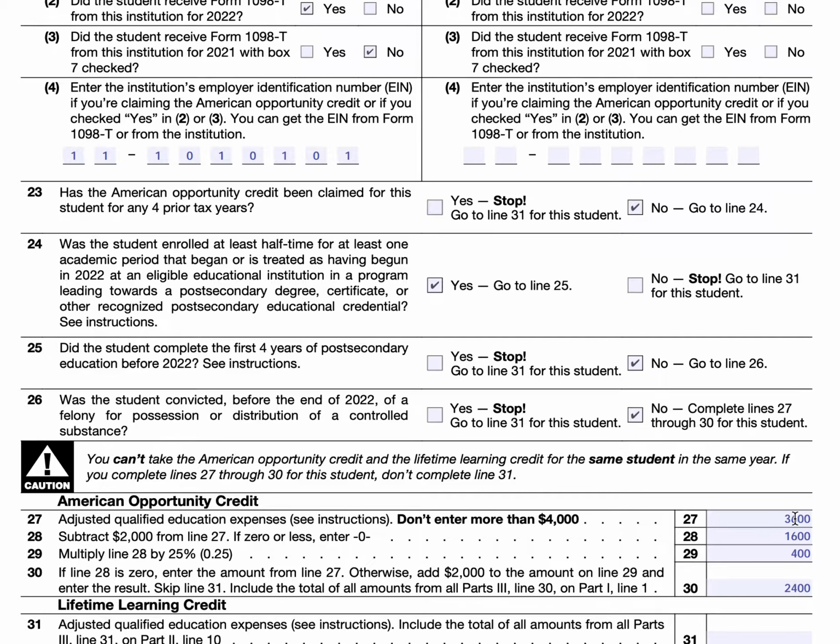Furthermore, qualified education expenses do not include personal expenses, even room and board, insurance, medical expenses, transportation, or other living expenses. And they do not include any course or education involving sports, games, hobbies, or any non-credit course unless that course or education is part of the degree program.